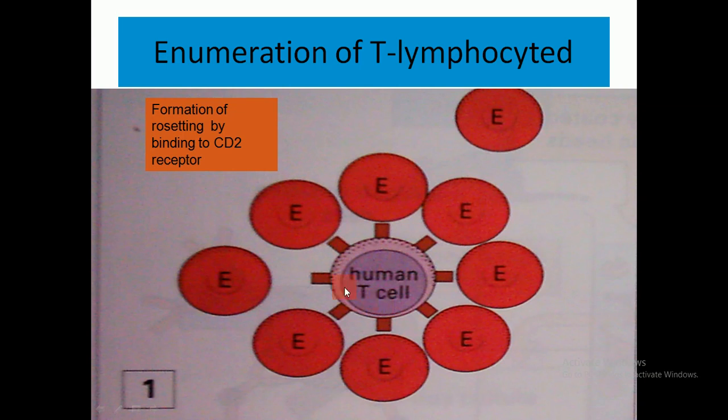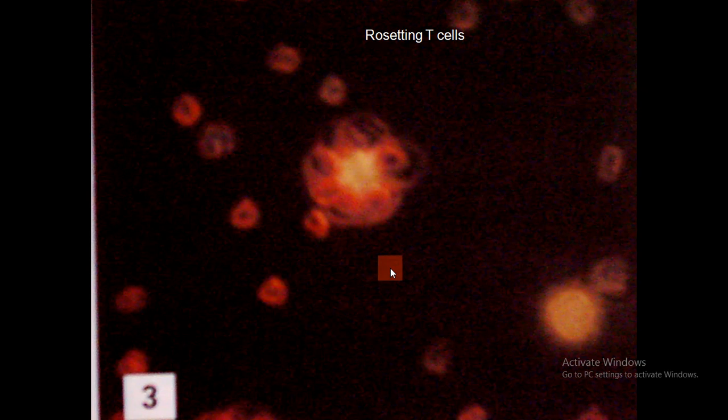We calculate the percentage of rosette cells using a hemocytometer counter, and detect how many out of 100 cells got rosetting, and get the percentage. And this is the rosetting T cells.